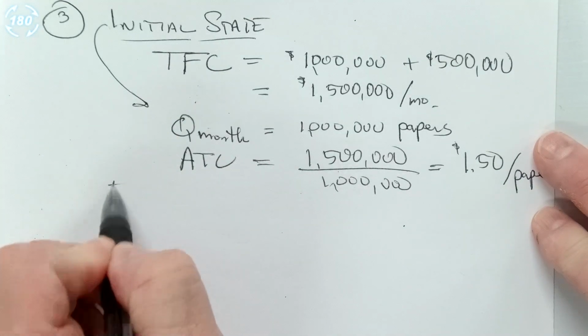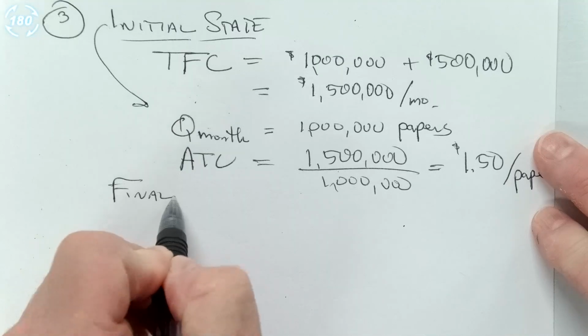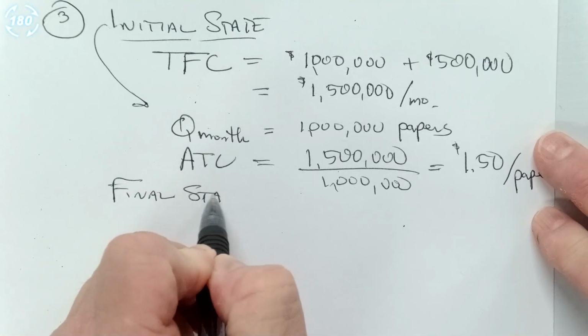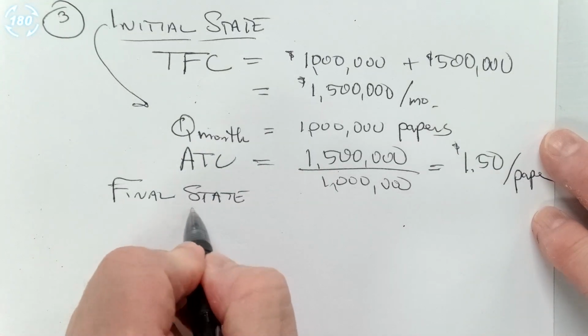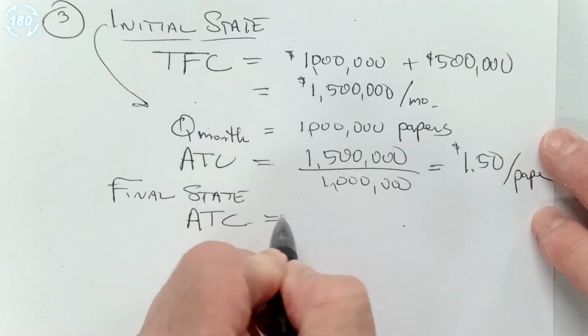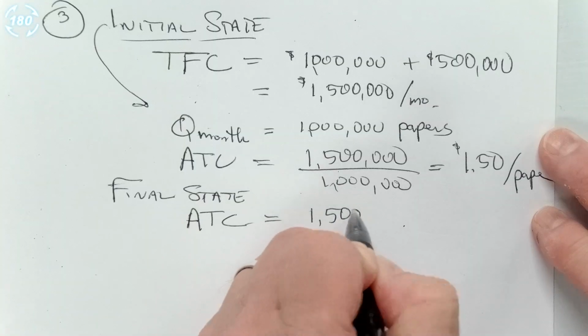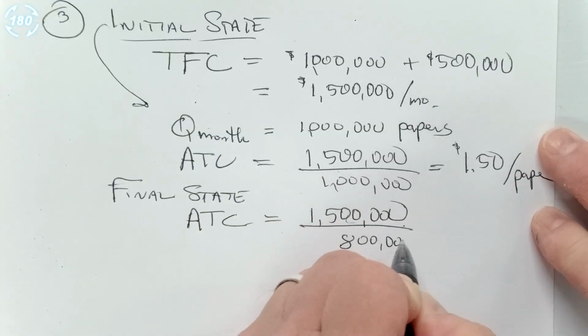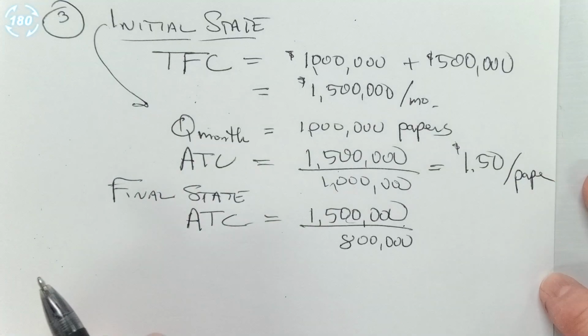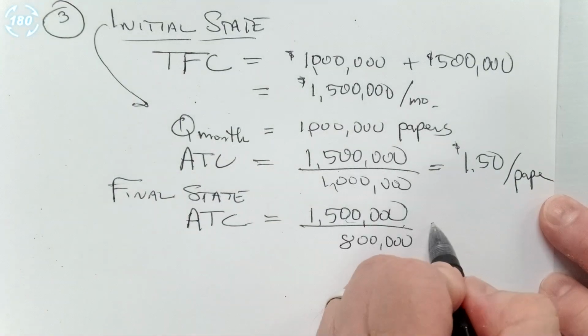and this is the final state. Let's just call it final state. After sales drop off, because print's no longer in vogue, people don't want print anymore, they're going online. Average total cost now is spreading that total fixed cost over fewer newspapers. So you're going to divide by 800,000 instead of 1 million.